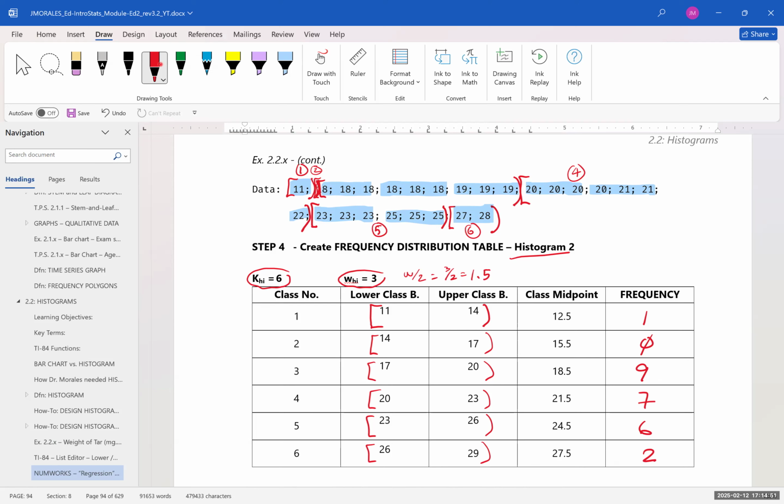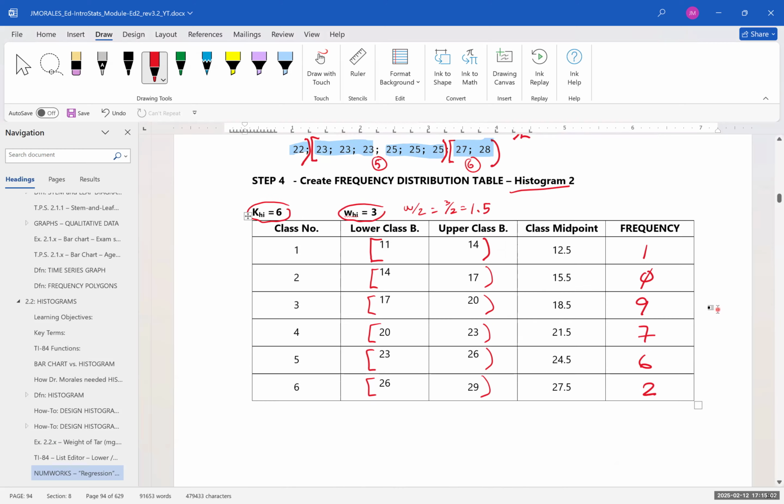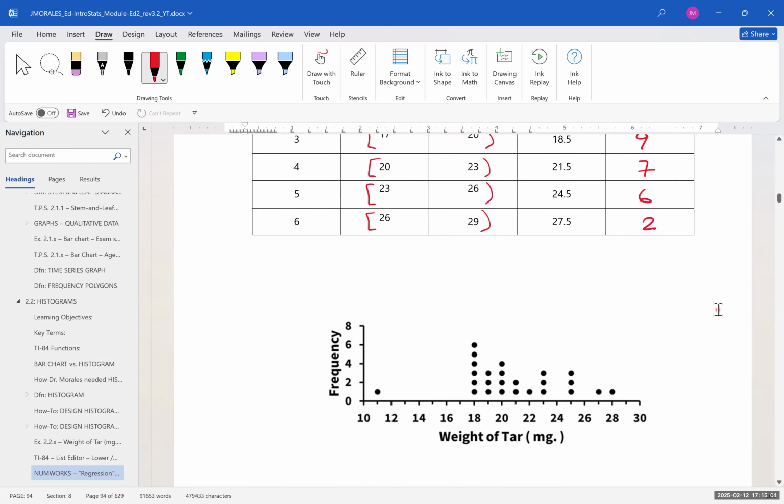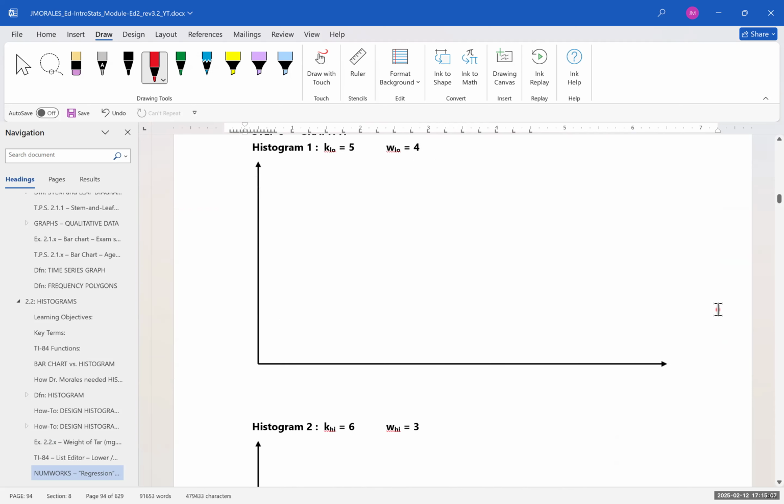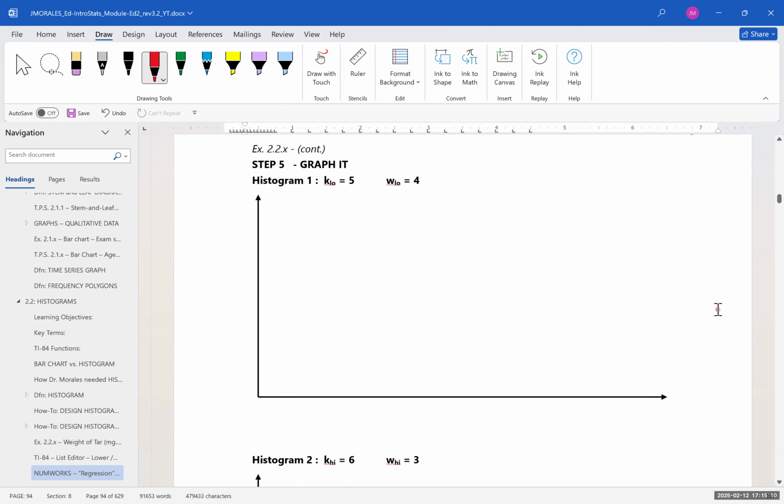All right. So now we've completed frequency distribution tables for both histogram 1 and histogram 2, and we're ready to sketch our 2 histograms. So let's sketch histogram 1. Because we've got 5 classes, we're going to have 5 midpoints, so I'm going to put 5 marks for 5 midpoints. 1, 2, 3, 4, 5.